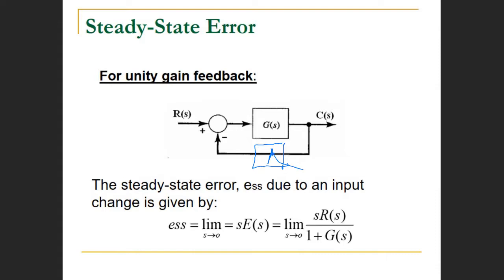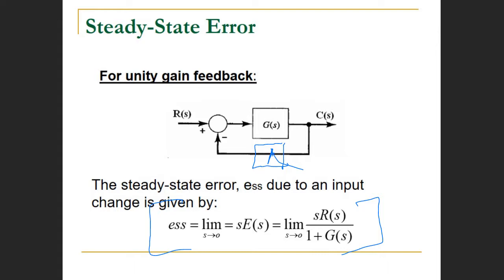Now, the steady state error, we're going to abbreviate that with E subscript SS. All right, steady state error due to an input change is given by this expression right here. So essentially, steady state error is the limit as S approaches 0. There's an error right there.